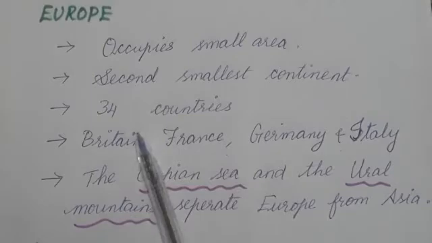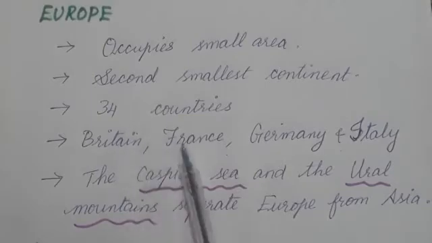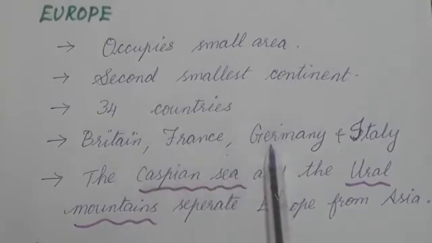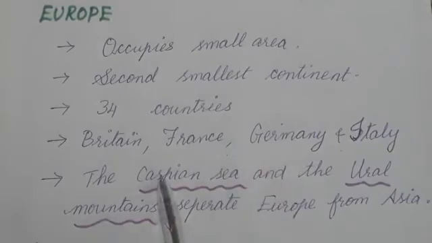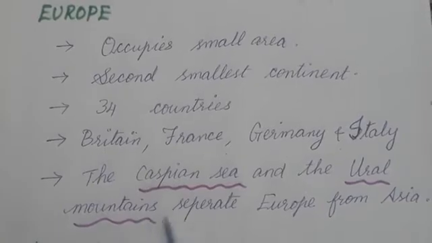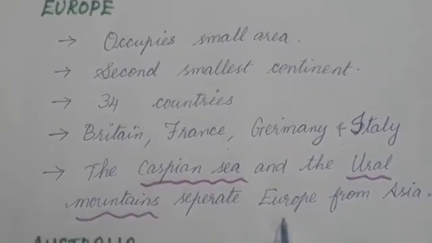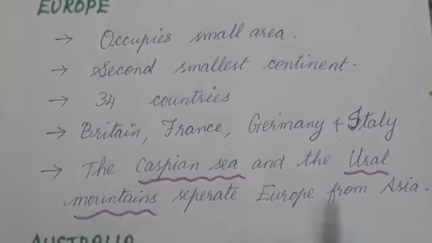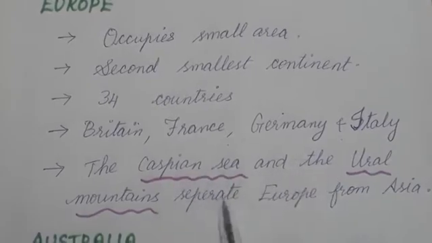The countries in this Europe are Britain, France, Germany and Italy. Here, the Caspian Sea and the Ural Mountain separate Europe from Asia. Europe and Asia are separated by a mountain and a sea. What is it? It is Caspian Sea and the Ural Mountain.